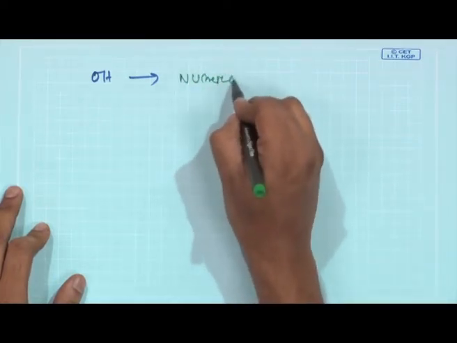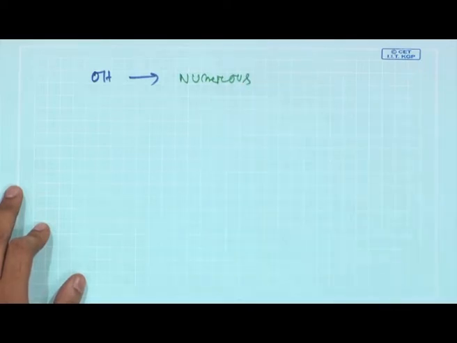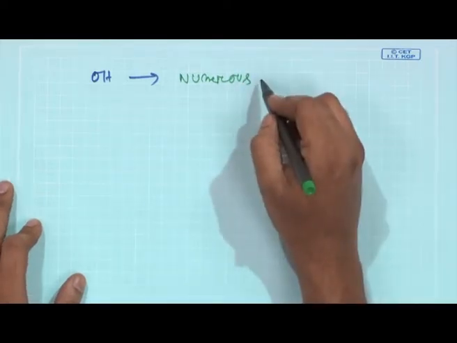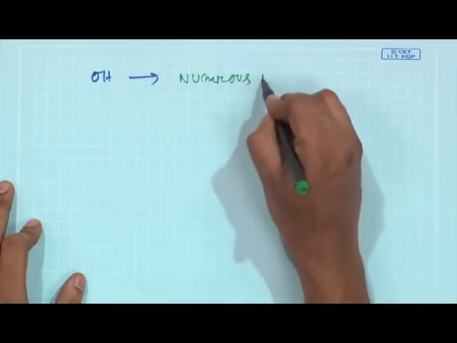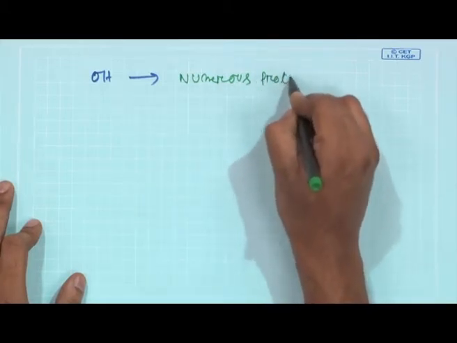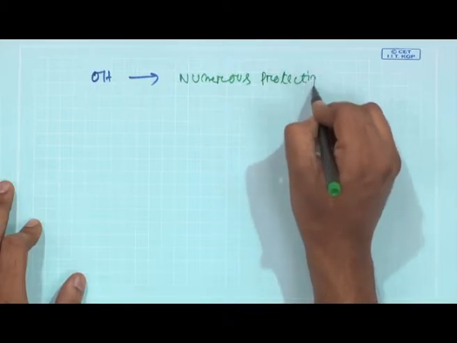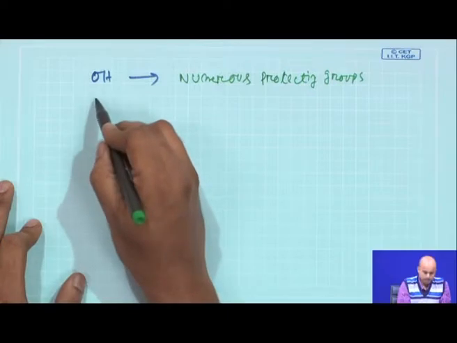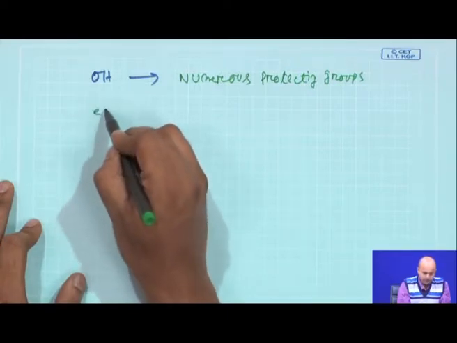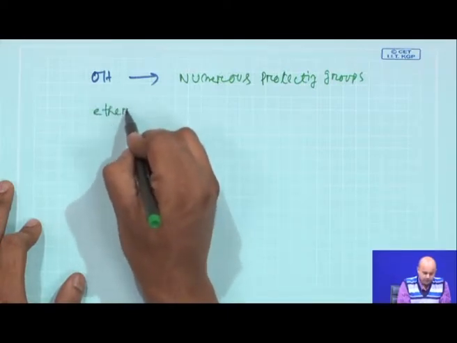Mainly you will find that alcohols are the most actively explored functional groups in protecting group chemistry. Numerous protecting groups can be used, mainly alcohols have been protected as their corresponding ethers.